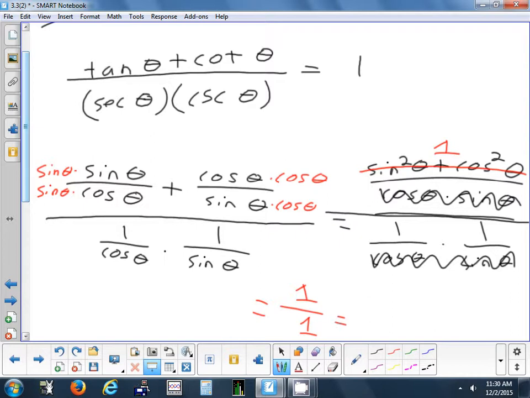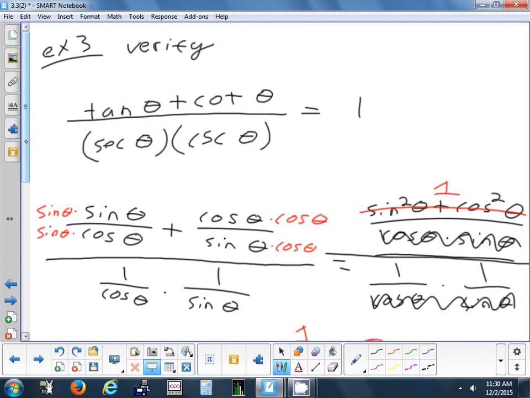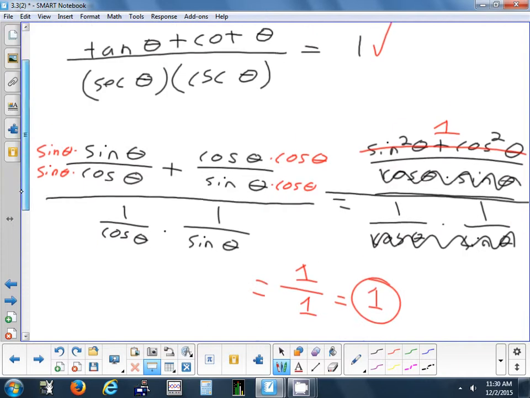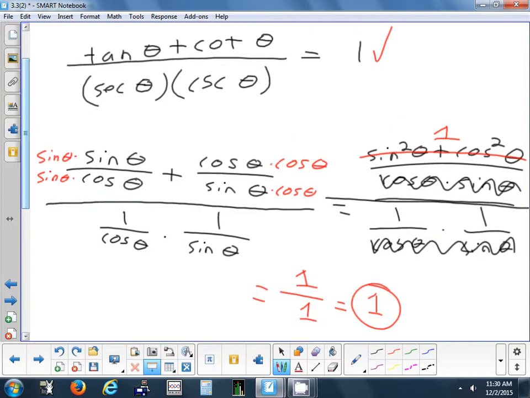And what's 1 divided by 1? 1. Okay? Teamwork. So this time changing to sines and cosines did work fine. Probably the best way to solve it. Any questions on this one?